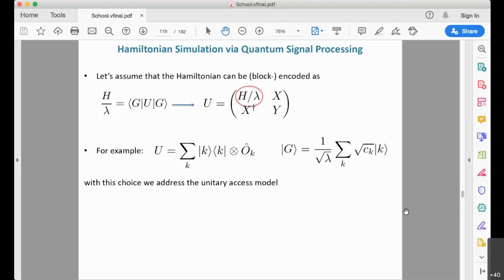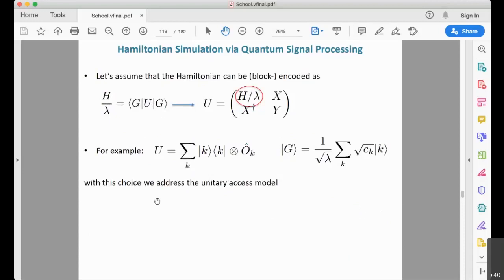All right, so again, I don't expect you to follow all the details here, but let's assume for the moment that there is some additional property, that my Hamiltonian, up to this L1 norm, can be seen as a block of a unitary operator. This is what is called a block encoding of the Hamiltonian. Suppose that we make this extra assumption.